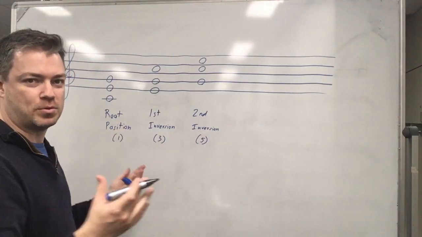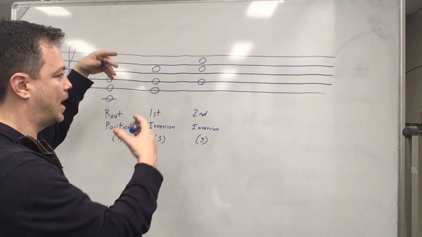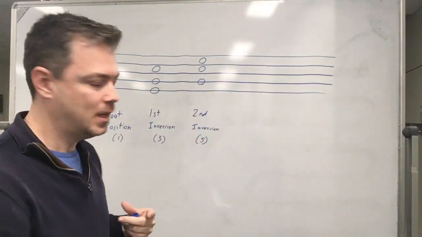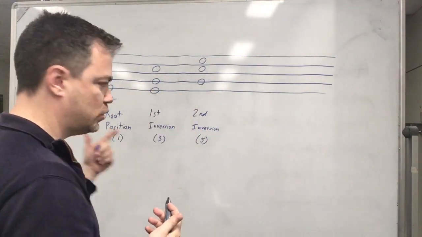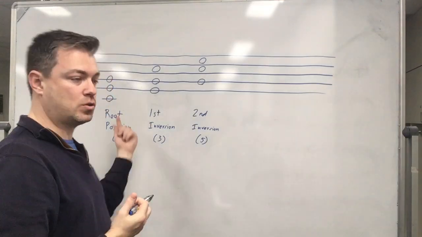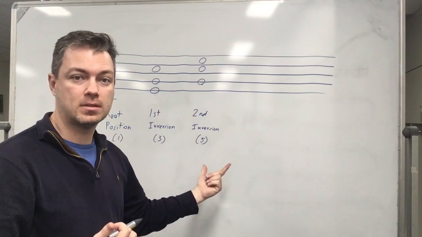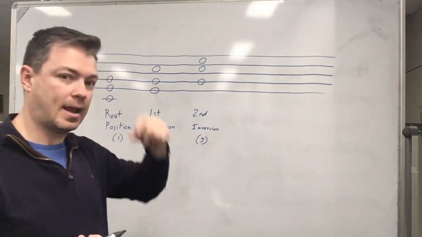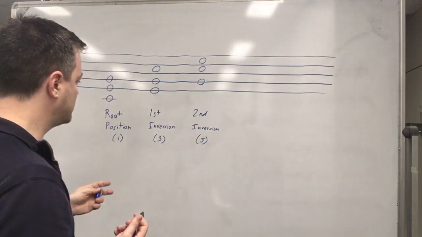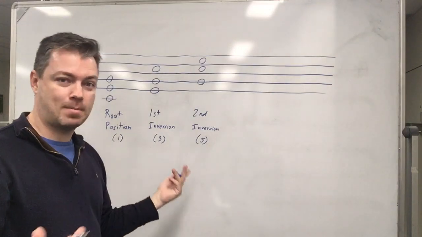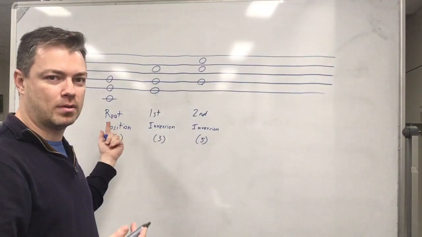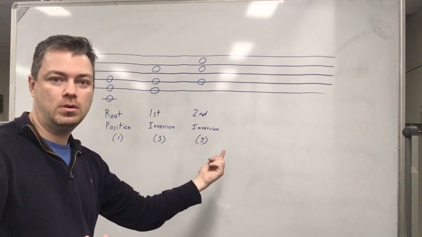There's lots of different ways of representing it, but that's in terms of notes on the staff. What we're going to talk about now is how to represent those chords as a Roman numeral, which we'll need to do for the assessment, the harmonic analyses. So if we're in C major, they're all a C chord.